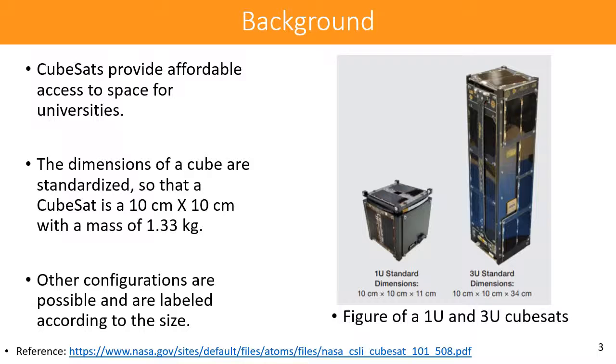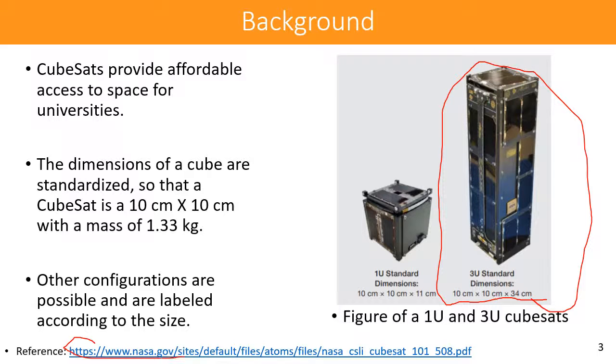However, many configurations are used. For example, this figure shows a 3-unit configuration, which is just a 1-unit CubeSat stacked. All this information can be obtained on this NASA website.